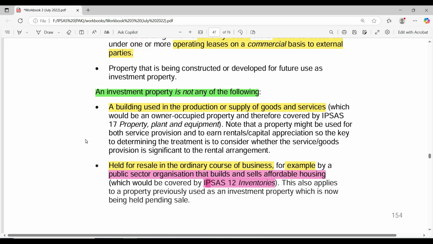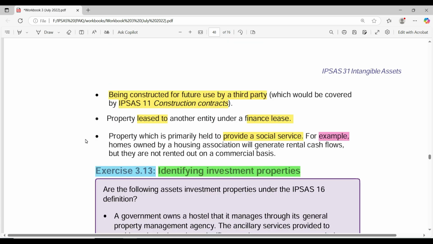An investment property is not any of the following: a building used in the production or supply of goods and services, or held for resale in the ordinary course of business. Example, a public sector organization that builds and sells affordable housing, which would be covered by IPSAS 12 Inventories, as we discussed in earlier chapters. Property being constructed for future use by a third party would also be covered by IPSAS 11 Construction Contracts, which is also not an example of investment property.